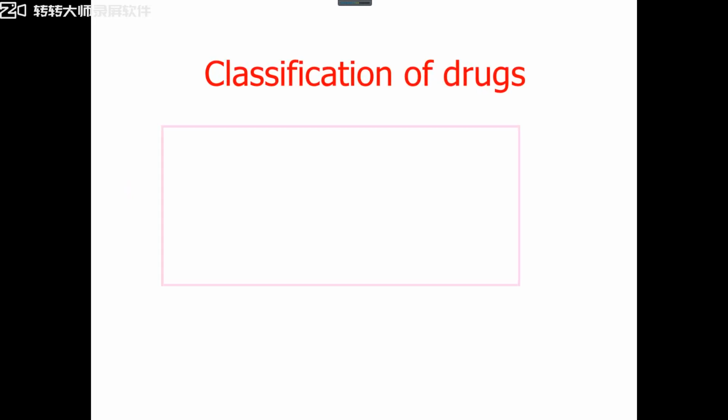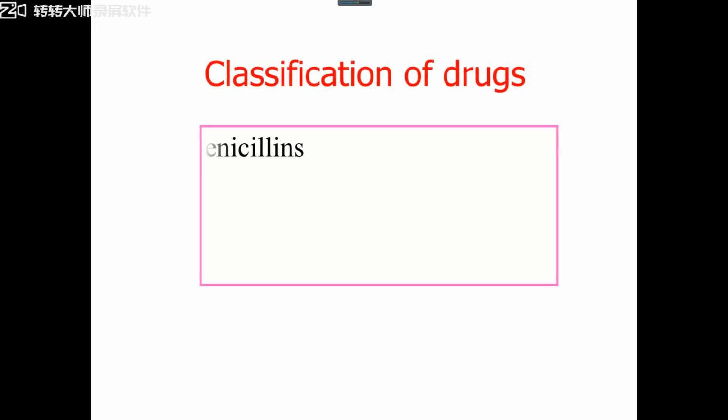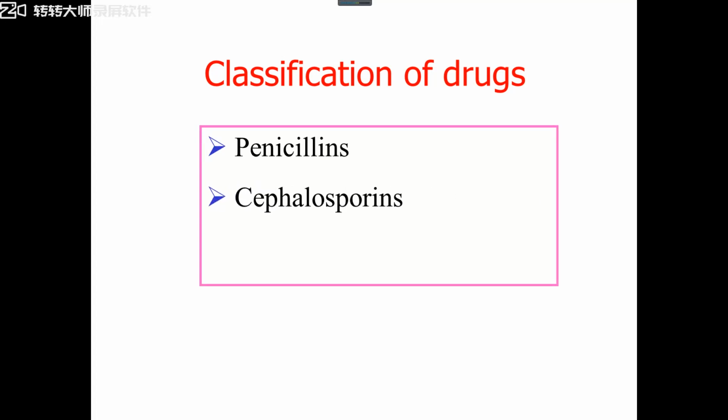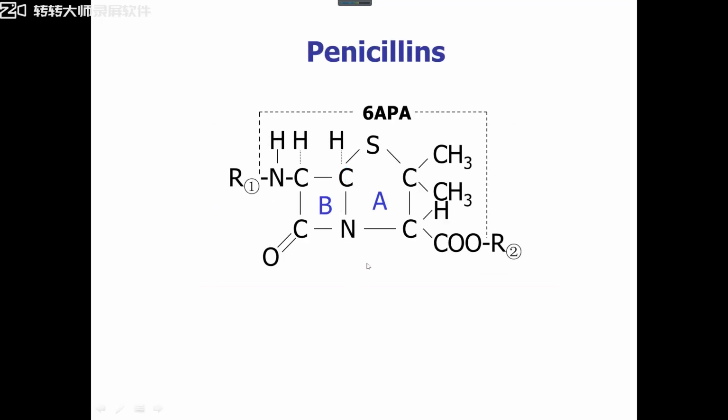Beta-lactam antibiotics include penicillins, different generations of cephalosporins, and other beta-lactam antibiotics. So this class, we will study the first kind, penicillins. Penicillins have the basic group, beta-lactam, and then adding different groups gives different new penicillins.